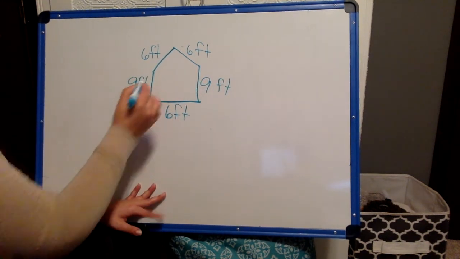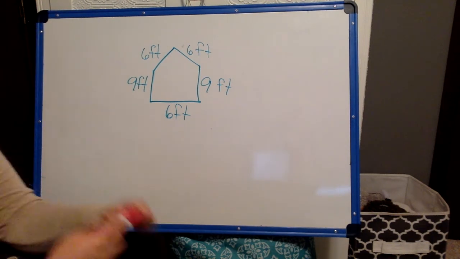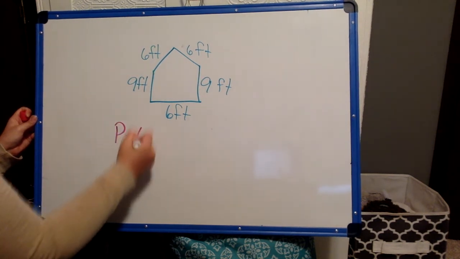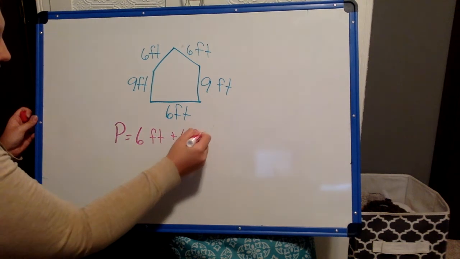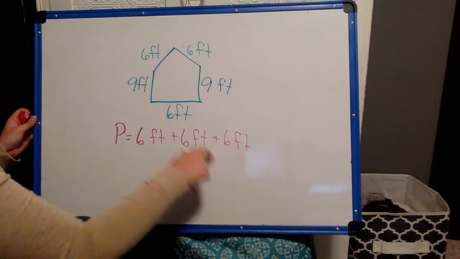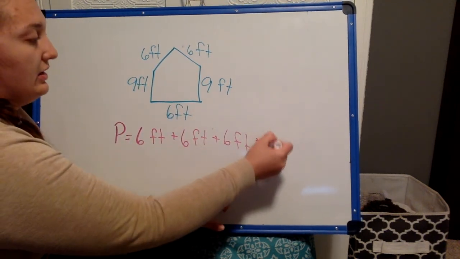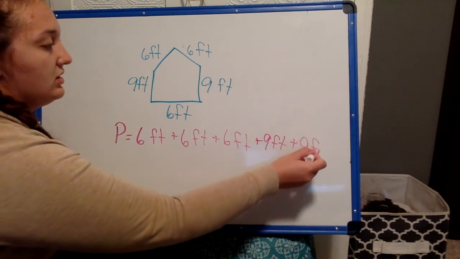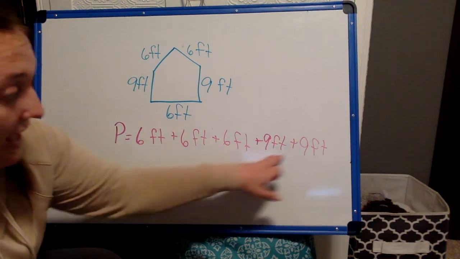So when I'm adding up these sides, I could simply say P equals 6 feet plus 6 feet plus 6 feet, because there's 3 sides that are 6 feet, plus 9 feet plus 9 feet, 9 and 9. I could do that and just add up all the sides.